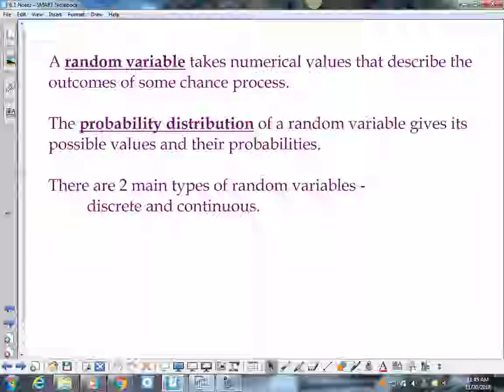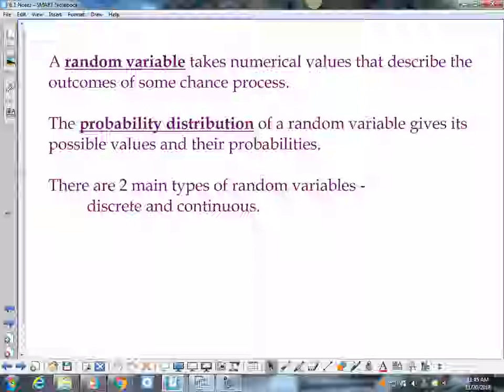The probability distribution, which we've done before, what do you have to have in a probability distribution? You have to have a sample space. You have to have the probability of each thing in that sample space, and all those probabilities must add to 1. Remember doing that?